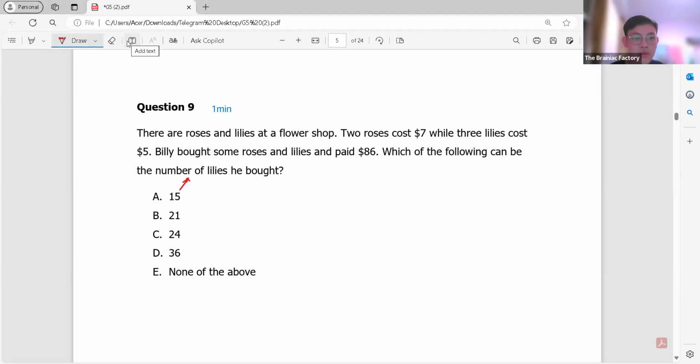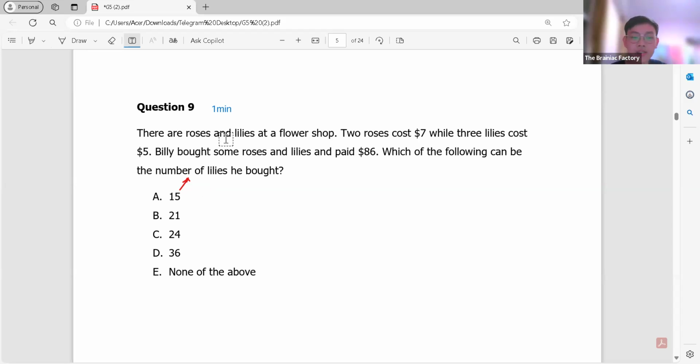Okay, so in here we are asked to find the number of lilies he bought, and we have multiple choices, A to E. The trick here is, if we cannot answer the question and don't know how to do the whole solution, we just guess each of the answers and eliminate them one by one and see which is the final answer for us. If we're lucky, A is going to be the answer. But if not, probably E then.